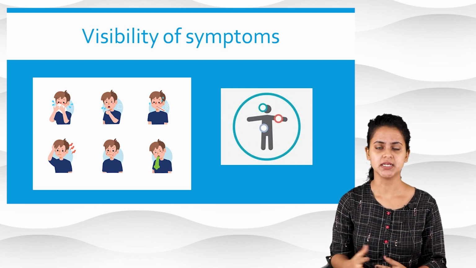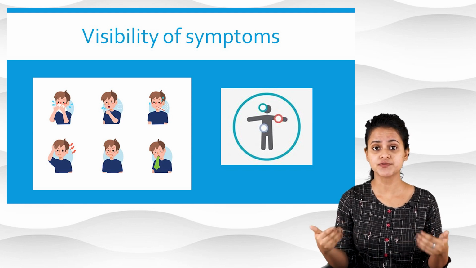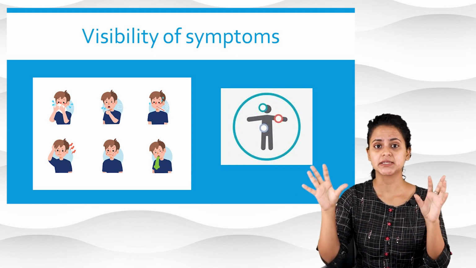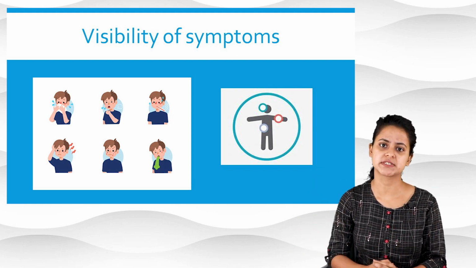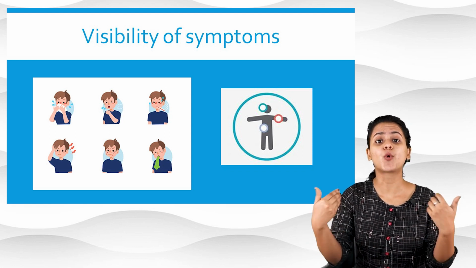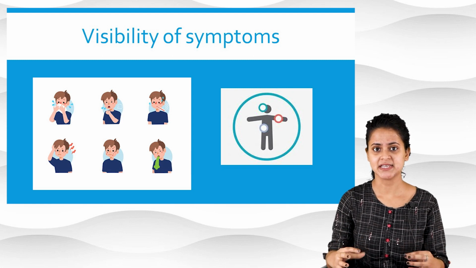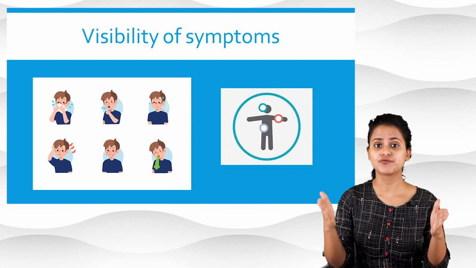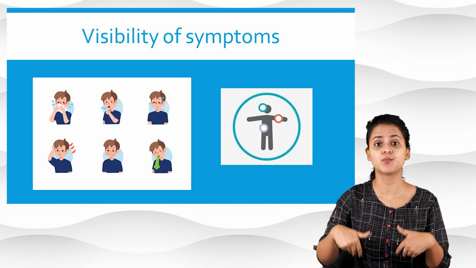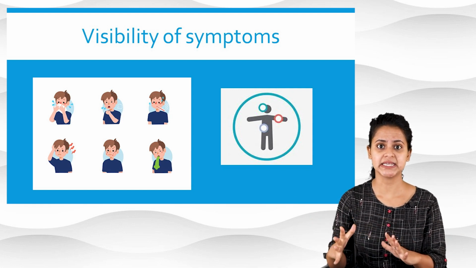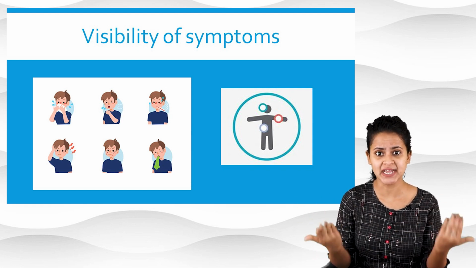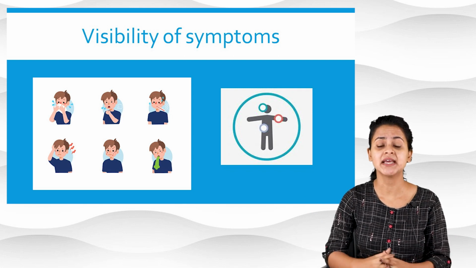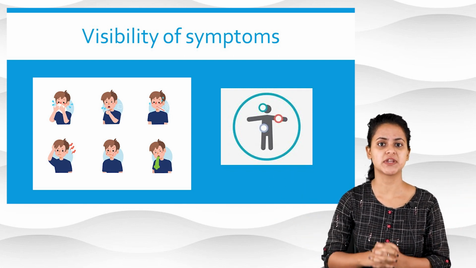It has been seen that a client who presents with visible symptoms, which change their body image, is more likely to seek more attention and assistance in order to be cured of the disease. If visibility of symptoms is present, they are more likely to have negative feelings and to suffer from anxiety and depression, because the body image will change and their social appearance will also change.